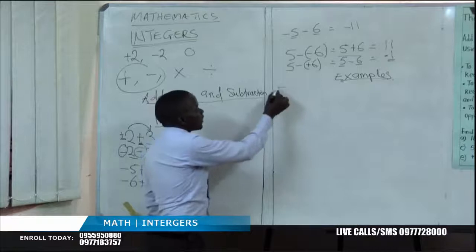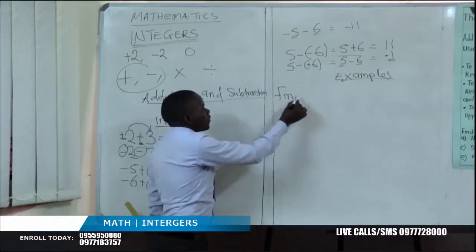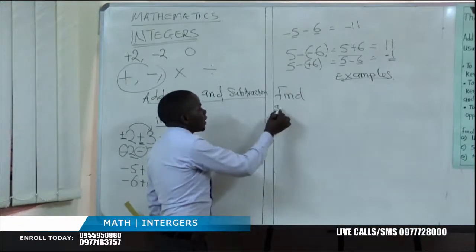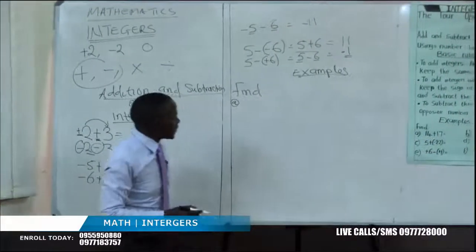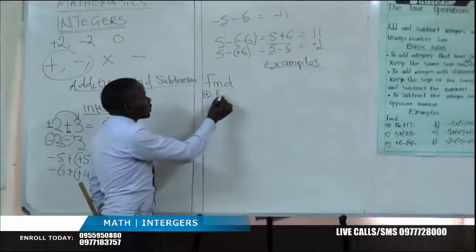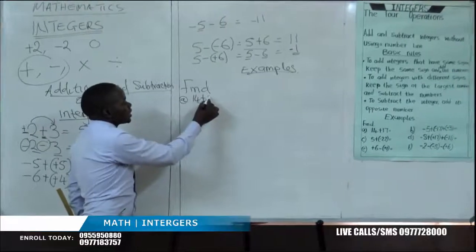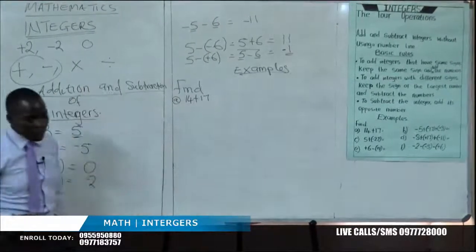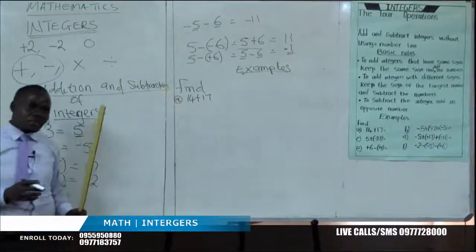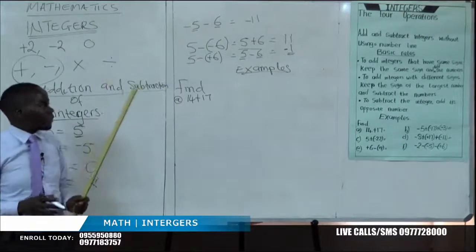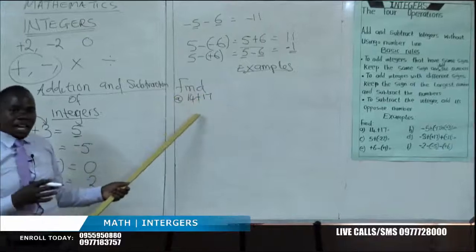So let's look at the first example. Fine. We have the first example here, which is 14 plus 17. 14 plus 17. So once you have got such kind of question, one thing that you have to know is to ask yourself, do you have the same sign?